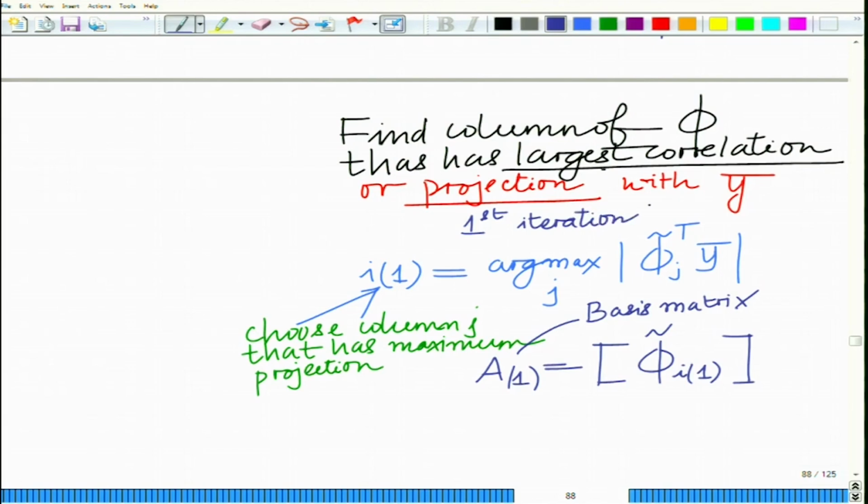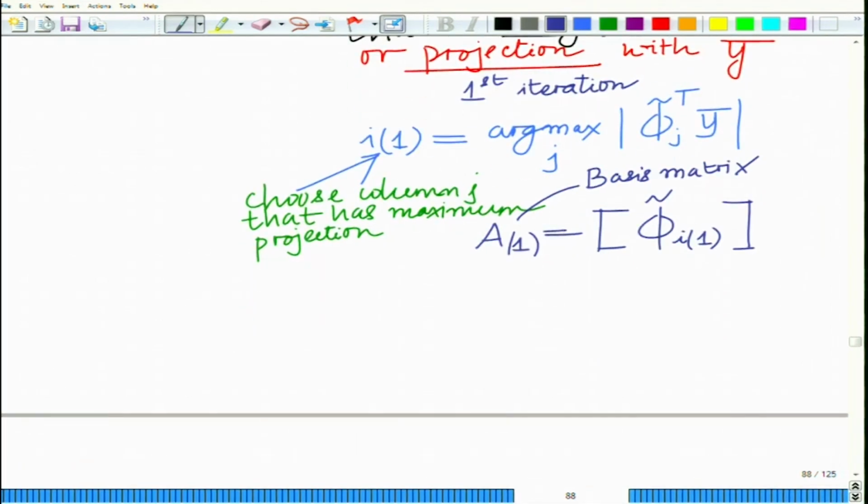Okay. And now what we do is, given this basis matrix, we try to find the best estimate of the vector x bar. So we minimize.